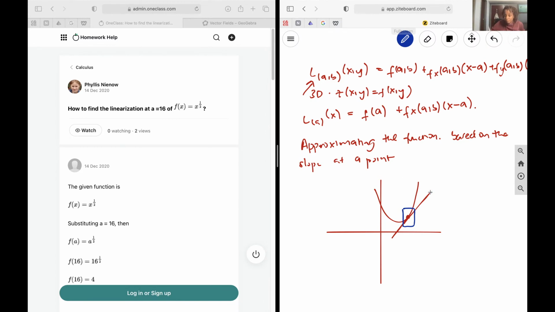And so the blue line is called the linearization. Sorry, let's use a different color.